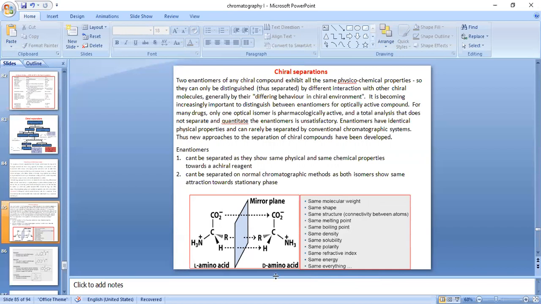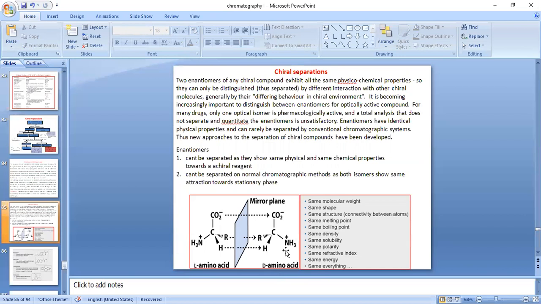For example, you have L amino acid and D amino acid. You cannot separate these amino acids using any of these parameters. You cannot use the boiling point, the density, the polarity, or the refractive index. No other technique can be used for the separation of these isomers. The only thing that can be done is that when the L amino acid and D amino acid are put into a chiral environment, they will behave differently.